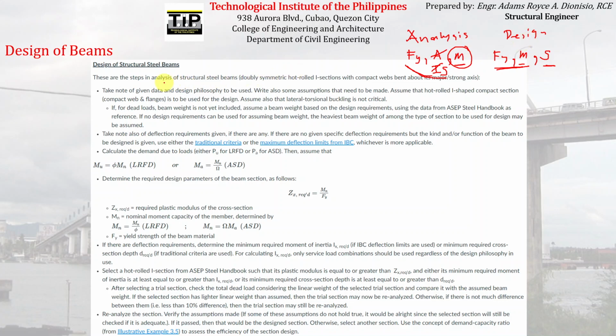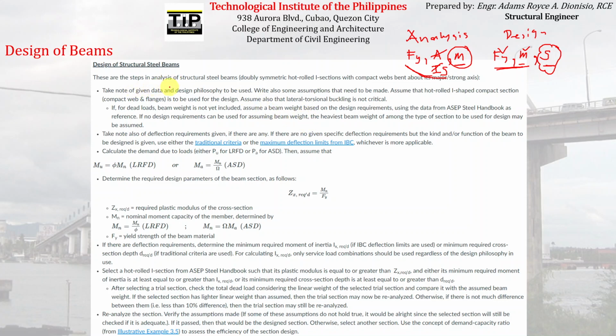For design, which is the topic for this part, we will be given a demand as well as the allowable stress, and then we will just be finding a particular steel section that has a section modulus that will produce a stress not exceeding the allowable stress allowed by the code. Okay, so that is the overview of analysis and design.